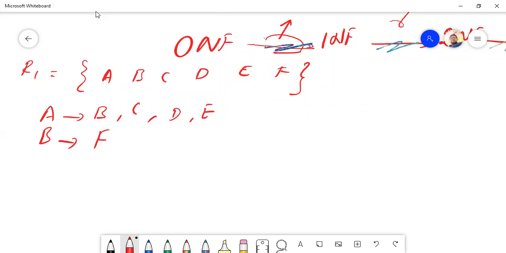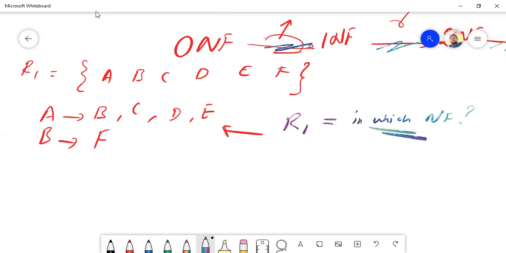So I want to prove which normal form this particular relation one is in. This is my question. So it is in which normal form that this particular relation is, right? Now you know everything about this conversion, in the sense of how to identify this one.